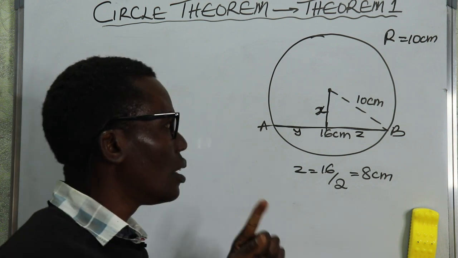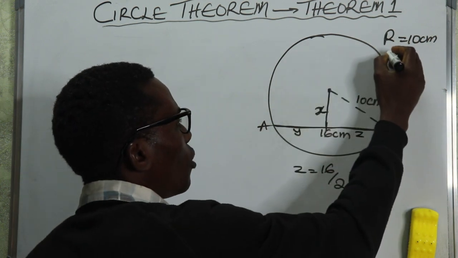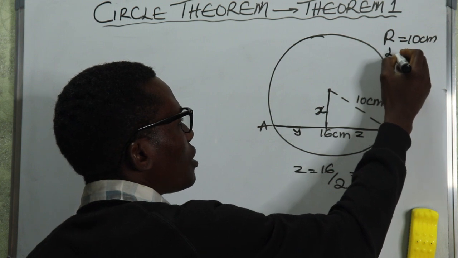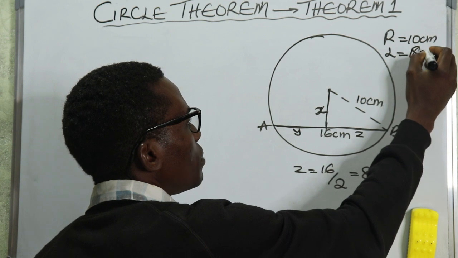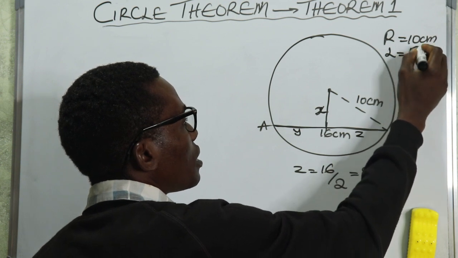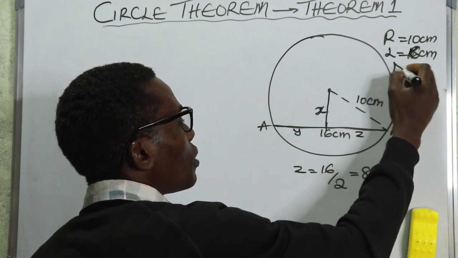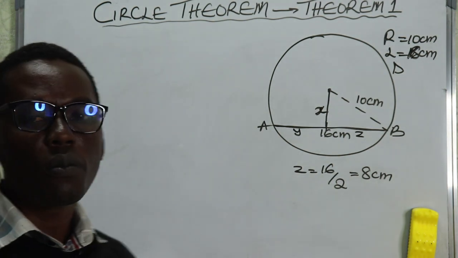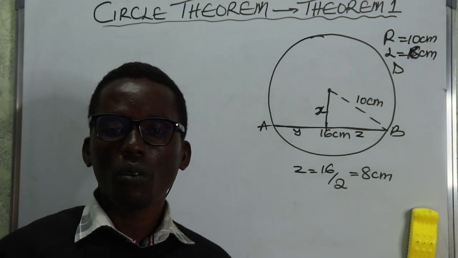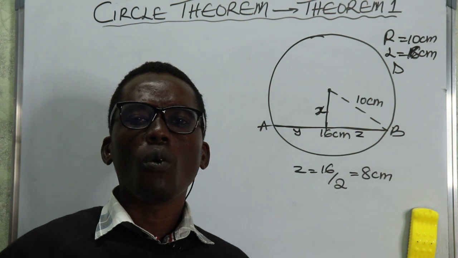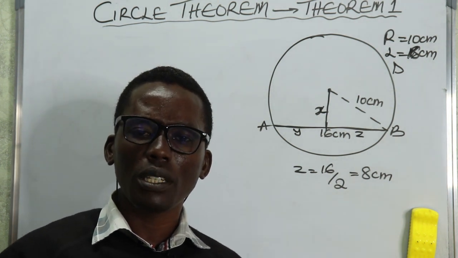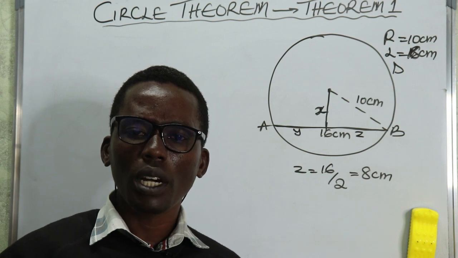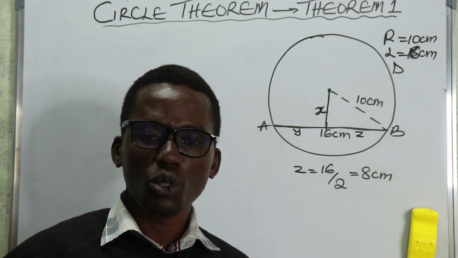Remember, you are given r, you are given the length of the chord, which is 16 centimeter, and so half of it is 8 centimeter, and you are asked to look for the distance of the chord from the center of the circle. Once you are given any question like this, analyze the question, look at the parameters you are given and the parameter you are requested to look for, and then you solve your question.